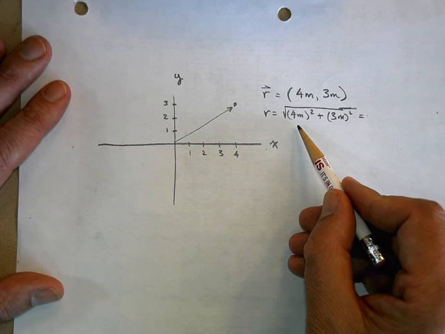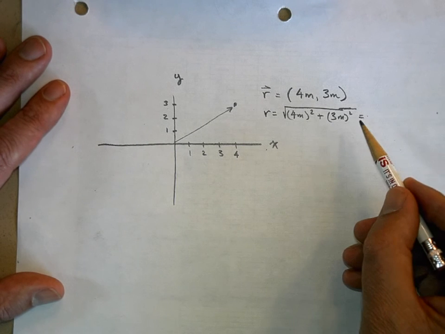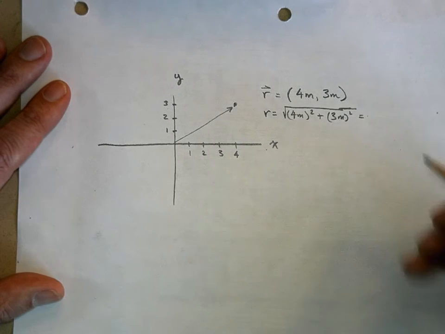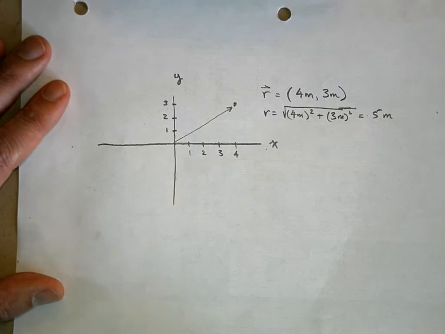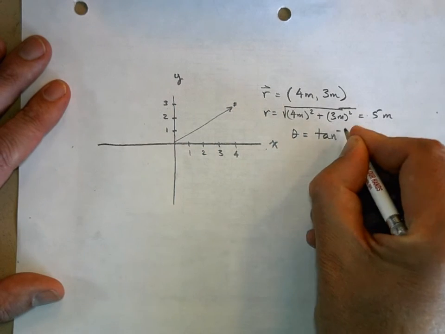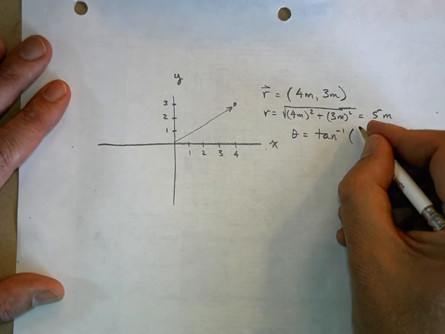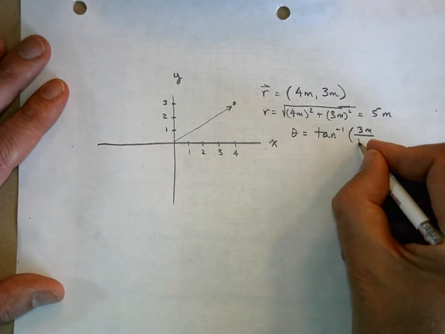Because what's 4 squared? 16 plus 3 squared, 9. 16 plus 9 is 25. Square root of 25 is 5 meters. And we can calculate the angle. Theta equals the inverse tangent of the y value, which is 3 meters, over the x value, which is 4 meters.